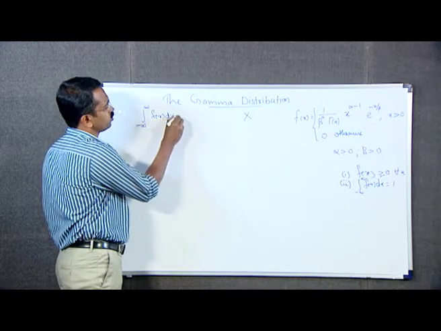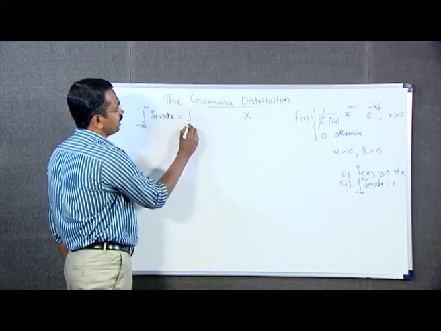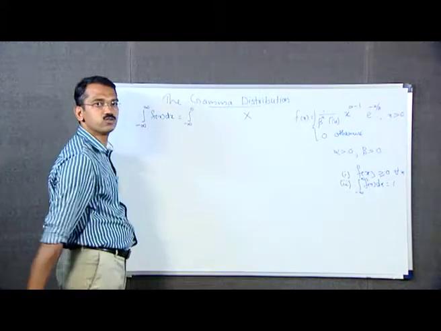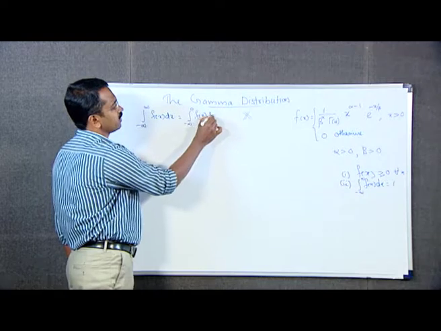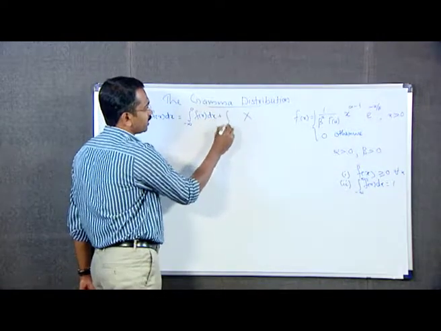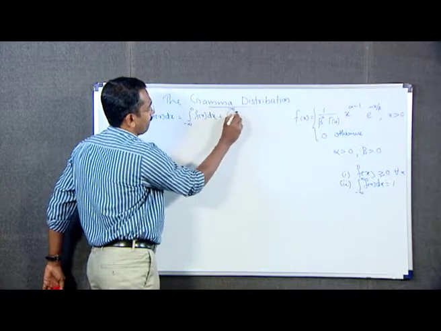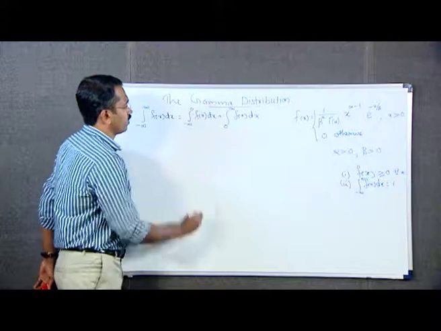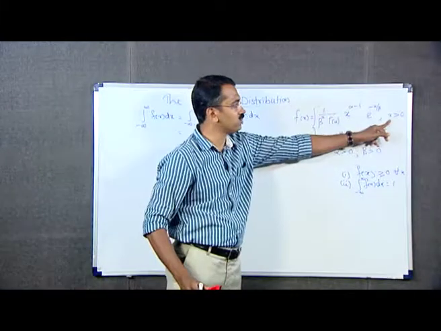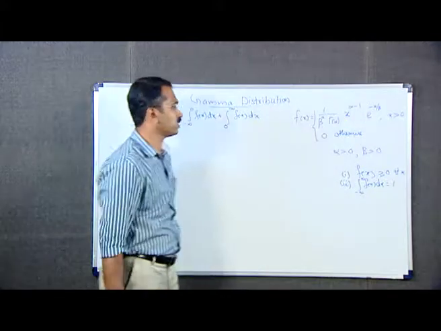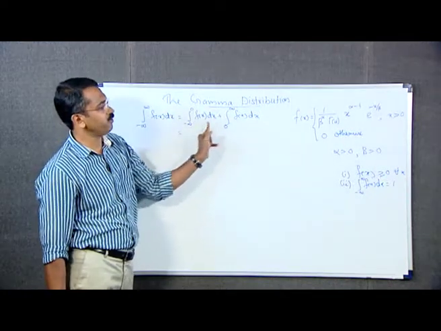of f(x) dx. We can split this integral into two: the integral from minus infinity to 0 of f(x) dx plus the integral from 0 to infinity of f(x) dx. For the integral from minus infinity to 0, x is less than 0, in which case f(x) is defined as 0, whereas for x greater than 0 the non-zero value of the function applies.